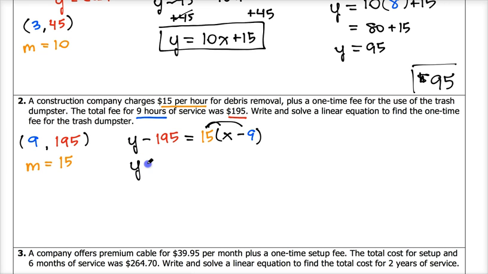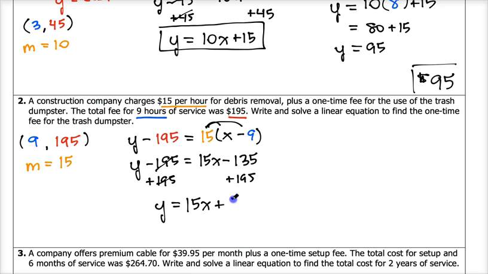And then solving for y, I get 15x minus 135. And when I add 195 over, that becomes y equals 15x plus 60.